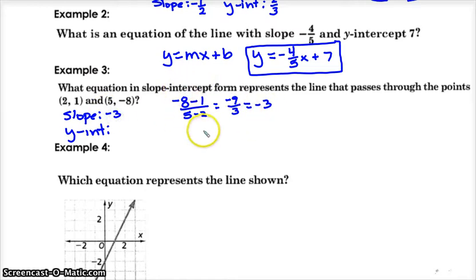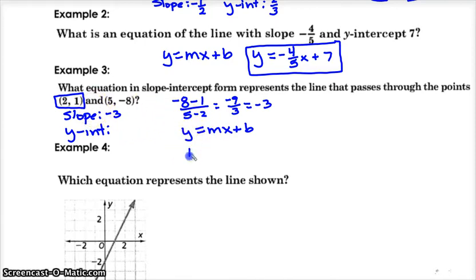Now, to find the y-intercept, I'm going to use the form y equals mx plus b, and I'm going to plug in all the information that I know. So far, I have a point. I can choose either the point 2, 1 or the point 5, negative 8. I'm going to choose the point 2, 1. In that point, there's an x and a y coordinate. So I'm going to plug in x and y into my equation for slope-intercept, and I'm also going to plug in my slope. So watch what's left over.